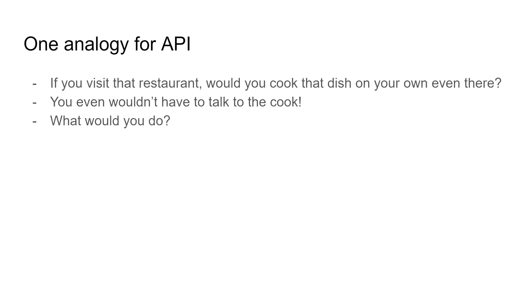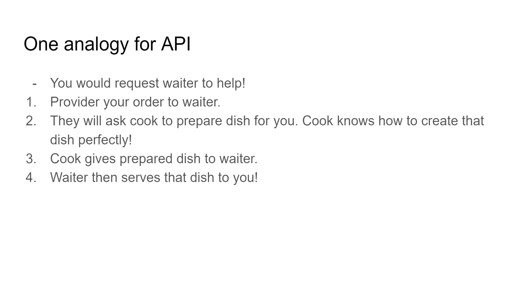No, right? So what you would do is, basically when you go there, you will ask the waiter to prepare a dish for you. Then that waiter will go and ask some specialist cook to prepare that dish for you. The cook knows how to prepare that dish perfectly, so they will prepare the dish for you and then give it back to the waiter, who in turn will give the dish back to you, right?